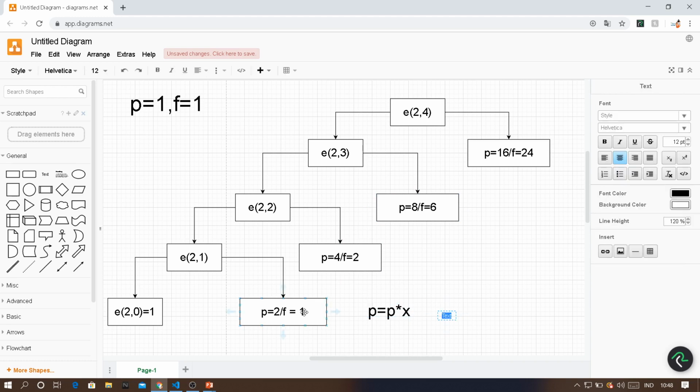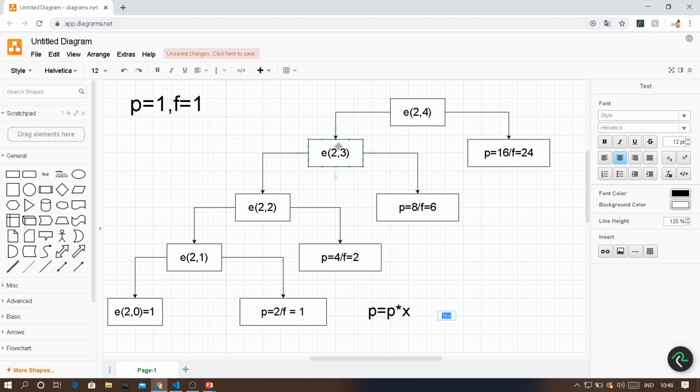Coming to factorial, here the initial value is 1. So we again multiplied with 1. Then we started multiplying it with 2. Then we multiplied by 3. Then we multiplied it by 4. So what are these 1, 2, 3, 4? They are the values of n. Here the n value is 1, so you multiplied here with 1. Here the n value is 2, so you multiplied your f with 2.